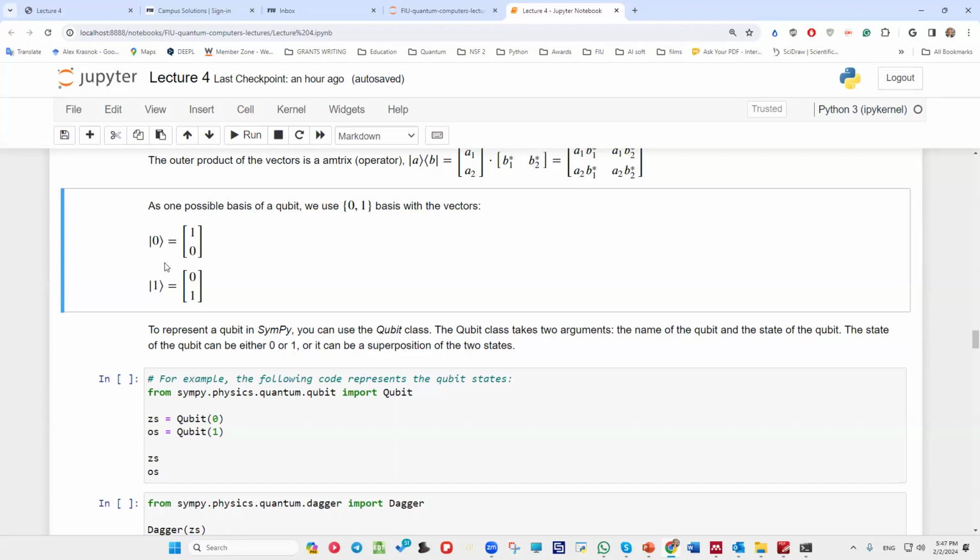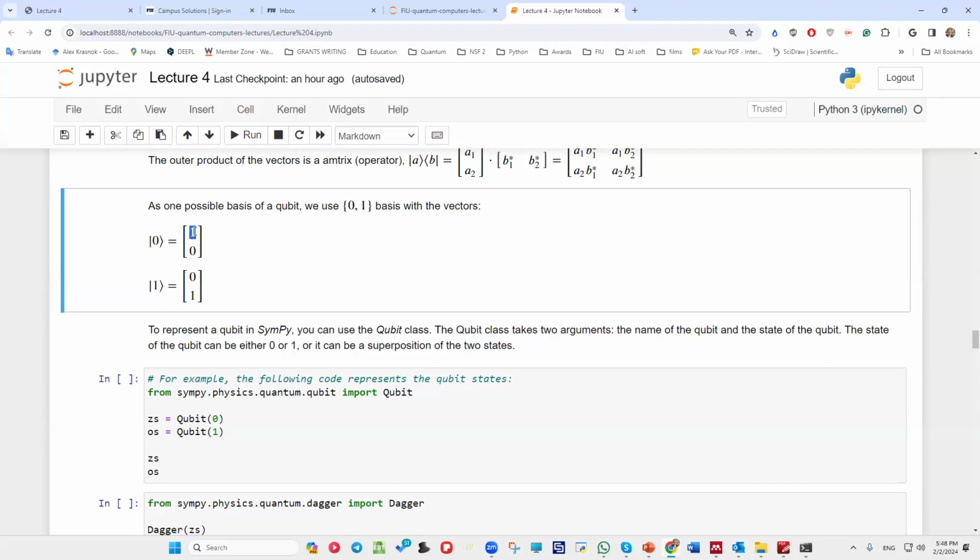So the 0 state corresponds to the ground state of my atom, and the state 1 corresponds to the excited state.